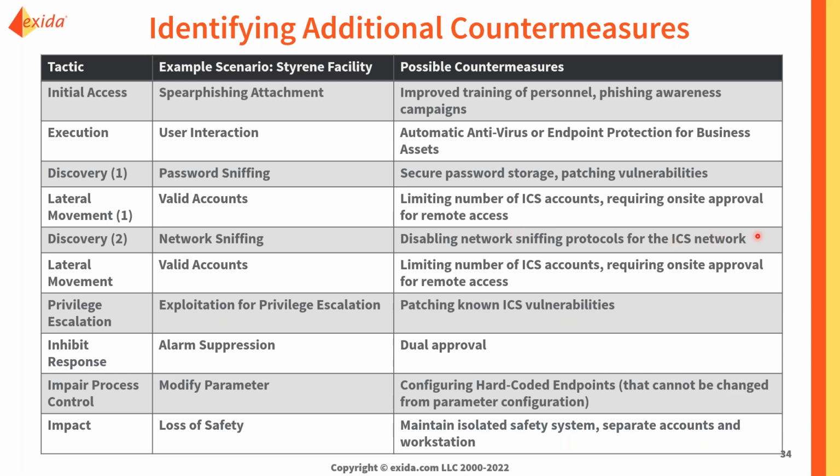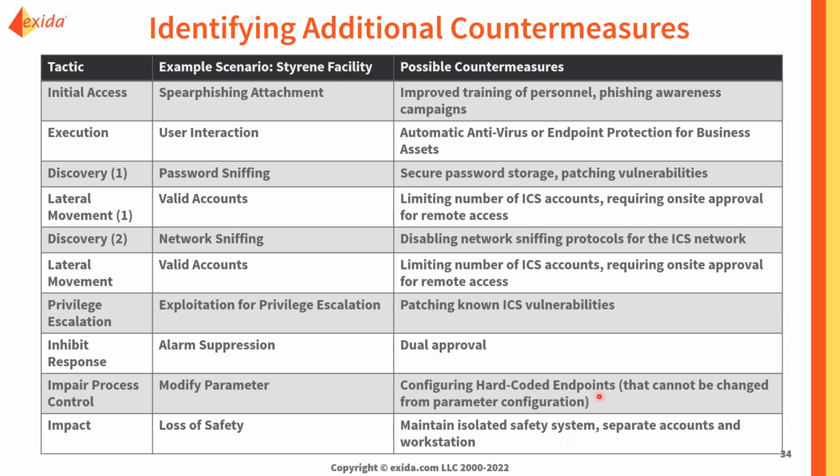We can disable common network sniffing protocols as just a best practice on the ICS to make it harder to find devices. We can, again, further limit the number of accounts. We can patch for known vulnerabilities so that there aren't as many exploits to use. We can have dual approval for critical changes so that 2 people have to agree to make a change if it could affect safety, for example.